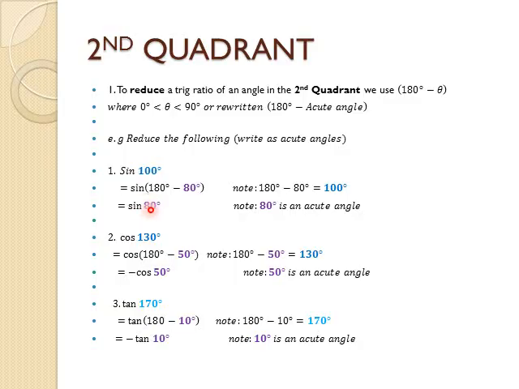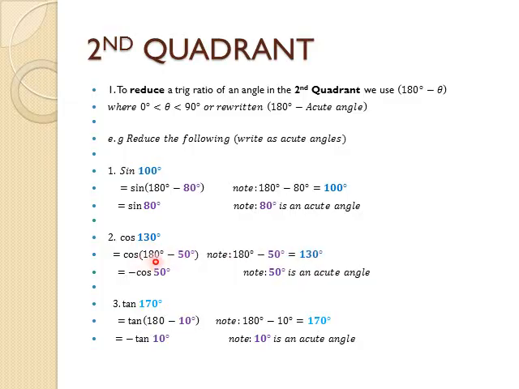Now, please, I've marked this year in, year out with grade 11s, grade 10s, even grade 12s. We do not write 180 minus the 100. The number we subtract here must always give me the top angle. So if you look at number 2, we have cos 130. We assume 180 minus 50 gives me 130.